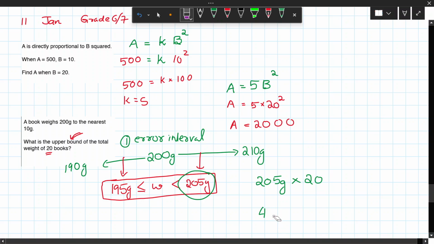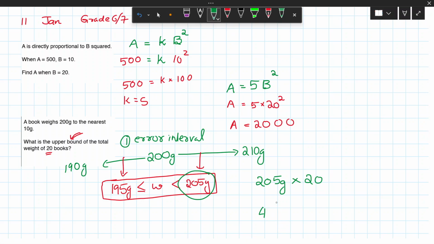My bad. Yeah, that would be 410, and then add a 0, so that's 4 kilograms and then 100 grams. Right, so first find the error intervals, then do your calculations, not the other way around. So first you find the error intervals, then you find the calculations.